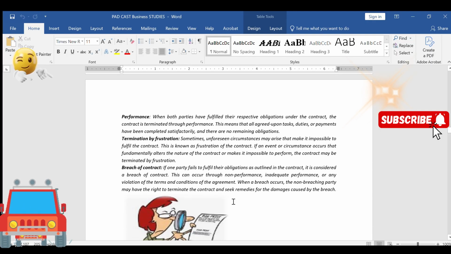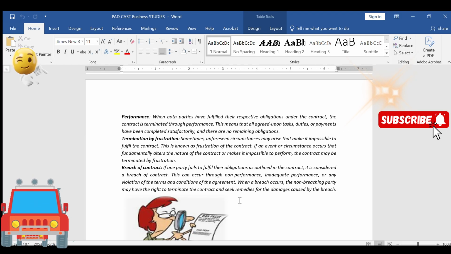When both parties have fulfilled their respective obligations, the contract is terminated through performance. This means that all agreed upon tasks, duties, or payments have been completed satisfactorily and there are no remaining obligations.